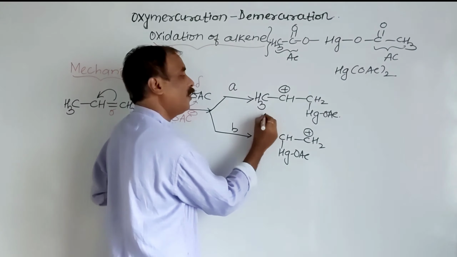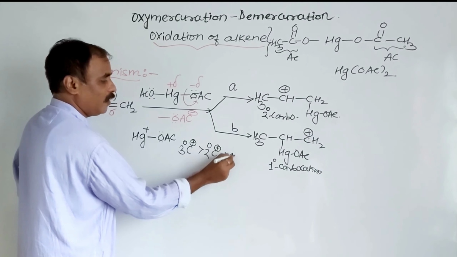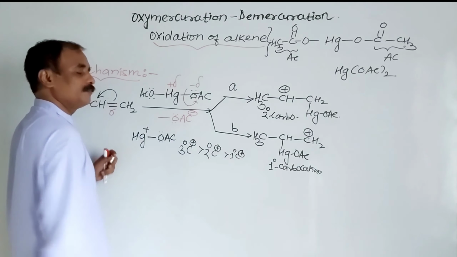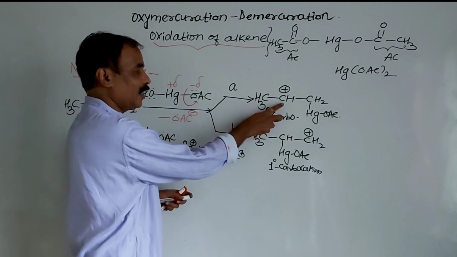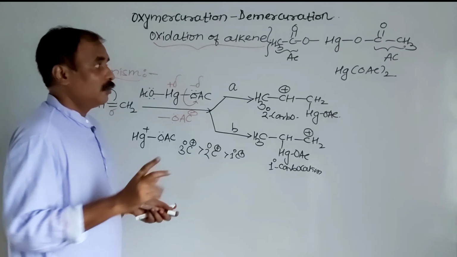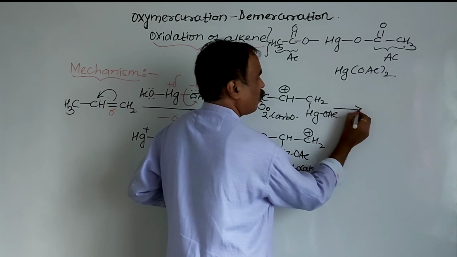Tertiary carbocation is more stable than secondary carbocation, then primary carbocation. A possibility of this one is more favorable because the secondary carbocation is more stable. Then what happens? Now this mercury will donate electrons to carbon and a bond forms here. So this positive charge will be neutralized. Forget about the other one because it is less stable.